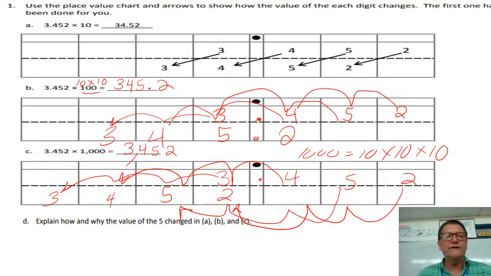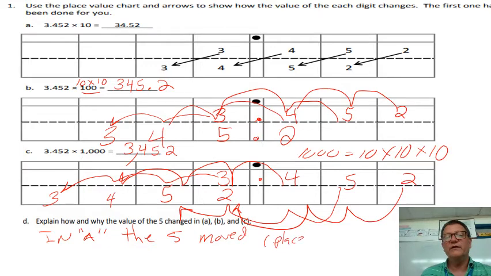All right, D says explain how and why the value of 5 changed in A, B, and C. Well, in A, the 5 moved 1 place value because it was multiplied by 10.